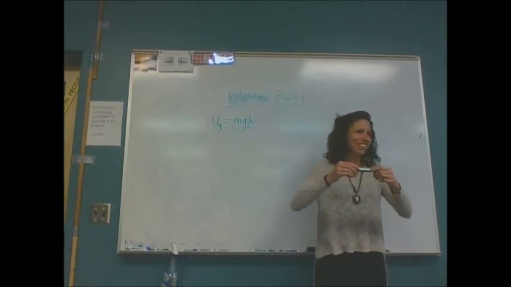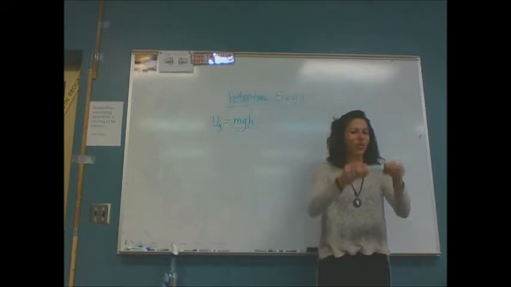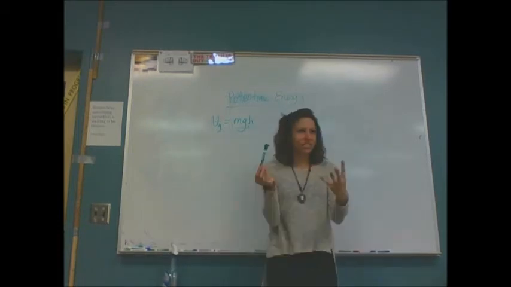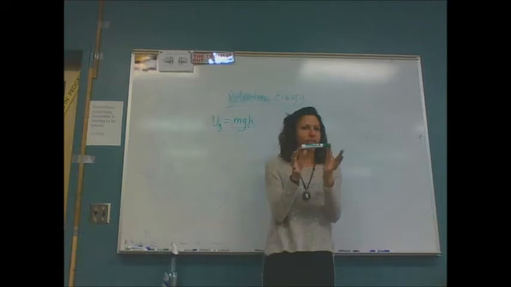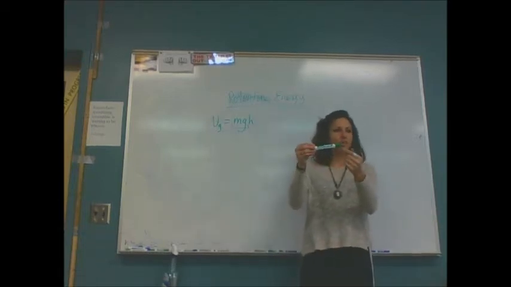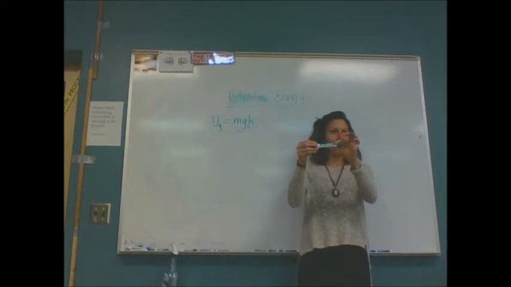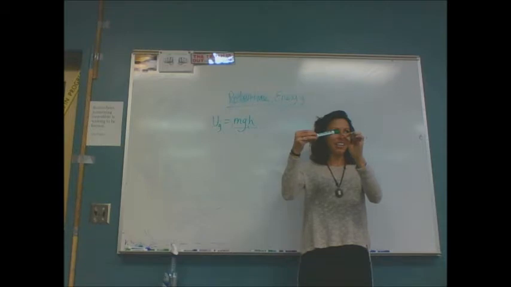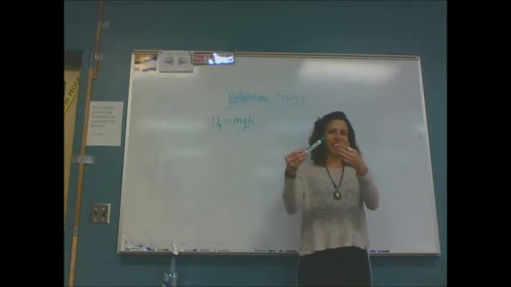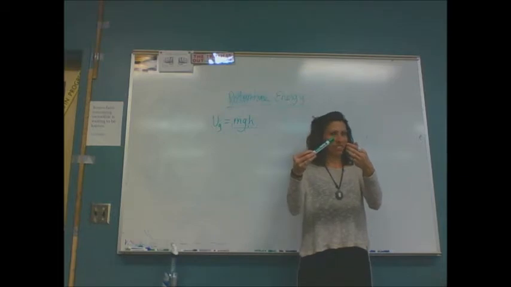The energy is stored, and I can use it to do work. I can allow gravity to do work on this marker and pull it back down to the ground. As gravity does work on the marker, it changes its kinetic energy due to the work kinetic energy theorem, converting the potential energy it had up here to kinetic energy on the way down.